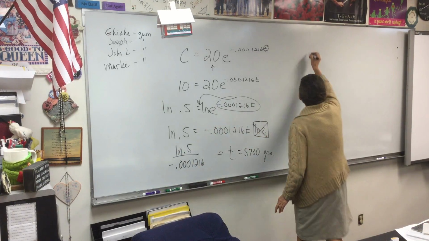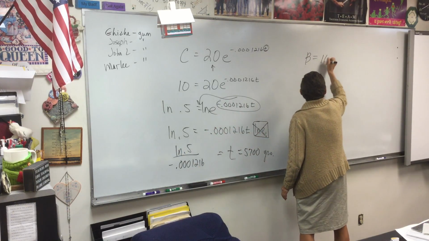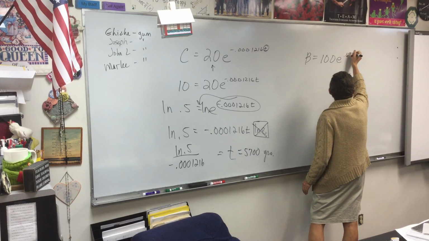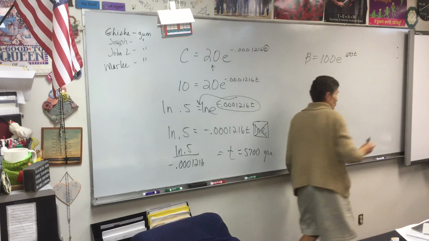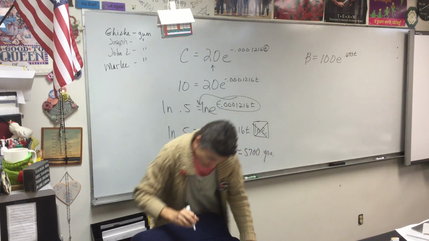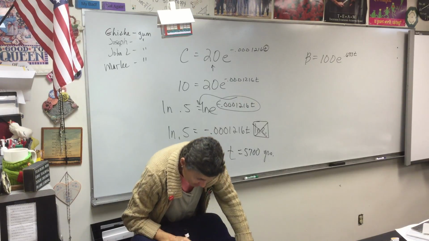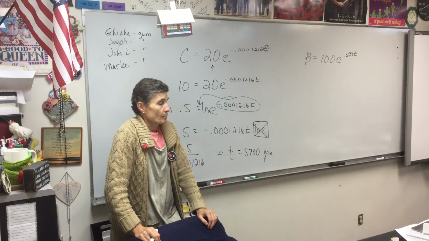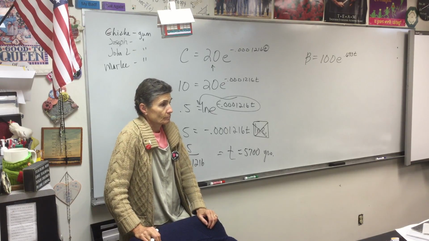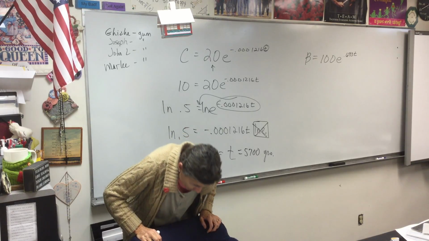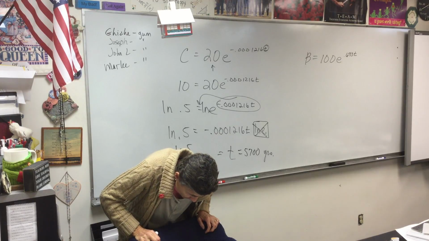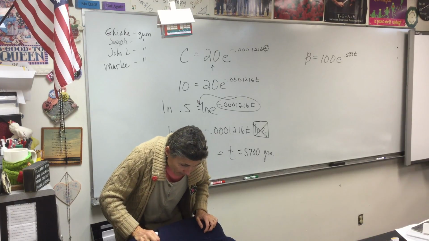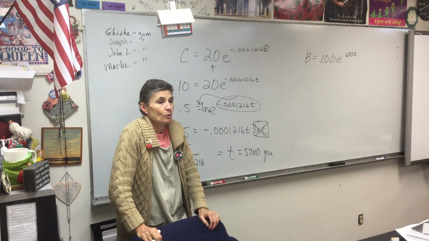They gave you an equation. 100, no, it should be negative in this one. In B, it's positive, 0.693t. And we want to know when the number of bacteria is going to be 200.